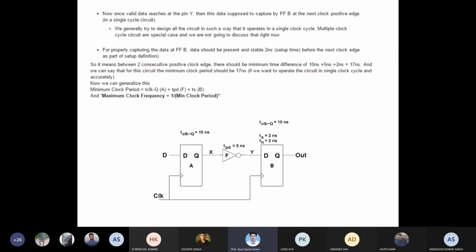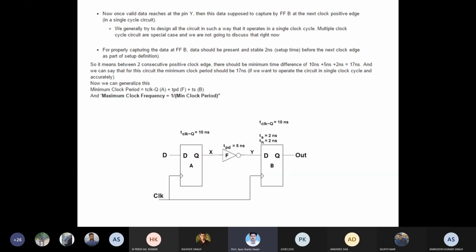So now between two consecutive positive edges of the clock, the delay is 10 nanosecond plus 5 nanosecond plus 2 nanosecond, that is equal to 17 nanosecond. So we can say that for this circuit, the minimum clock period should be 17 nanosecond in order to operate in a single clock cycle.